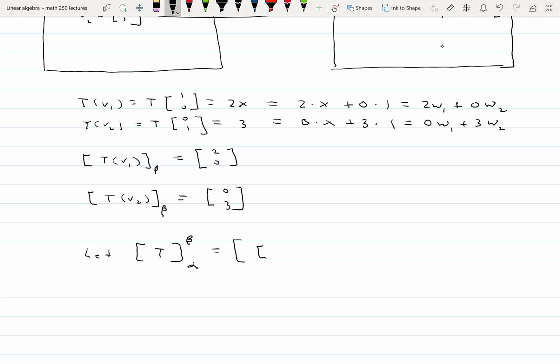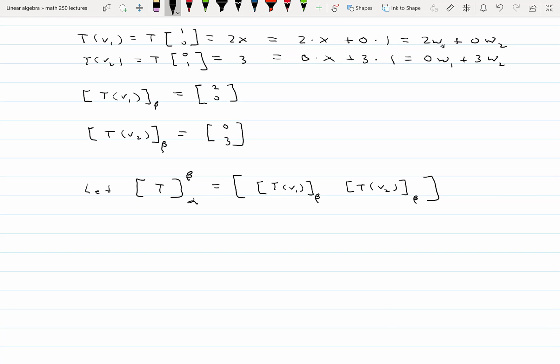the matrix that's composed of the coordinate vectors of T of V1 with respect to beta and T of V2 with respect to beta. Okay, and I realize I said the name of this matrix without writing it. I'll write it in a minute. So this is the matrix 2, 0, 0, 3, whose columns are (2, 0) and (0, 3).